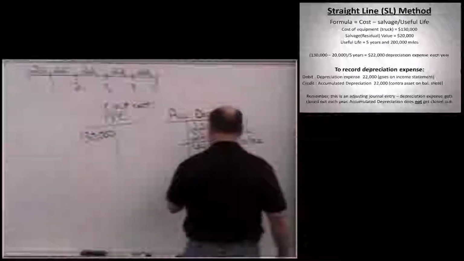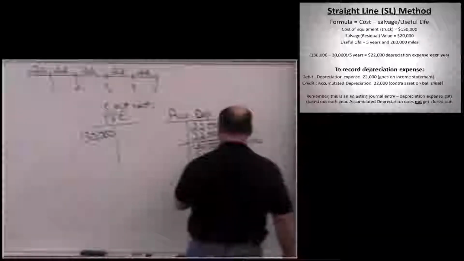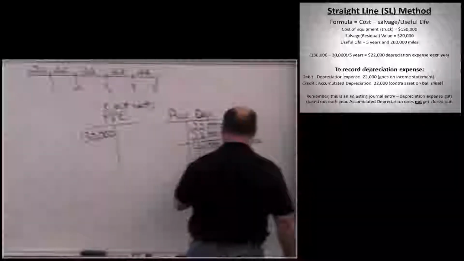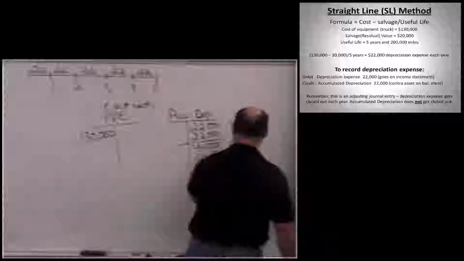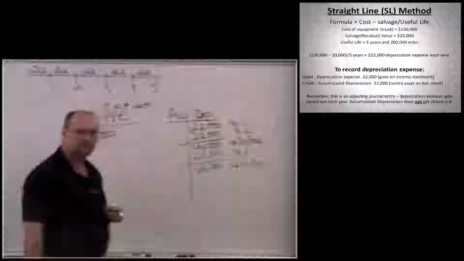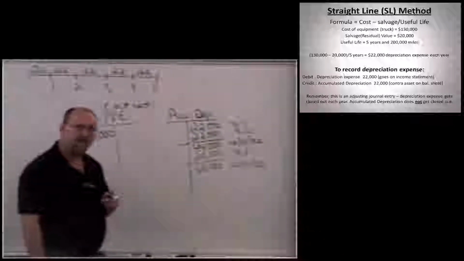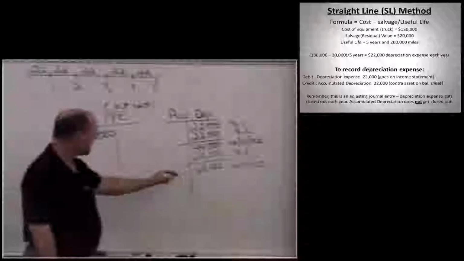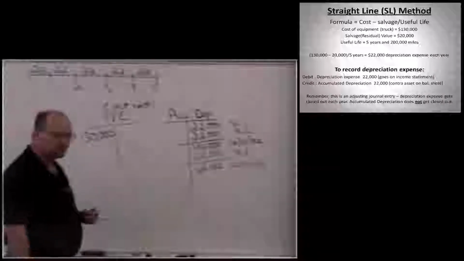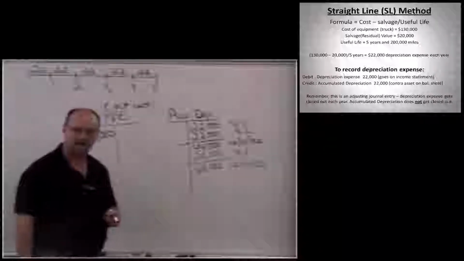Year 3, same thing. I now have, at 12/31/03, $66,000 in accumulated depreciation, and my book value is going to continue to go down. 130 minus 66,000 would give us a book value of 64,000.